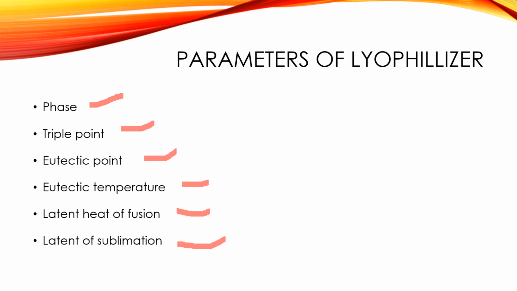Then a triple point, it is a point where three phases, namely liquid, solid and vapor phase, coexist at a particular temperature and pressure. This point is known as a triple point. Then eutectic point, what is the eutectic point?